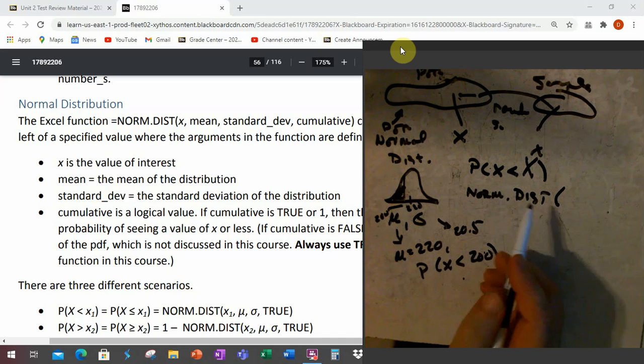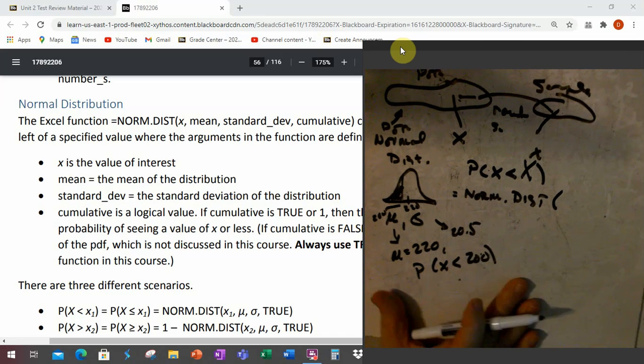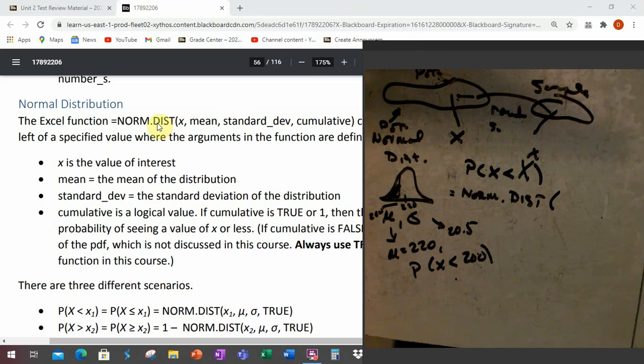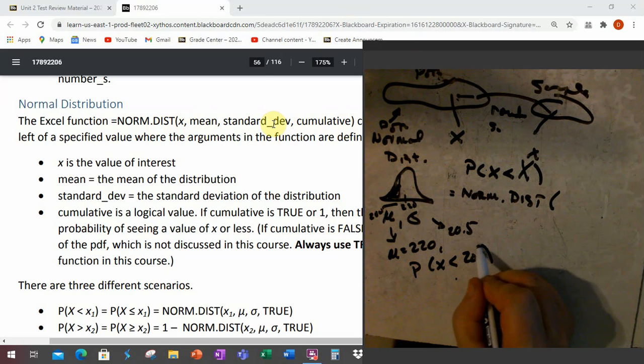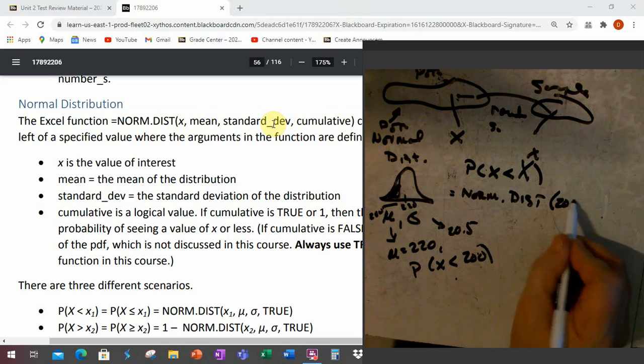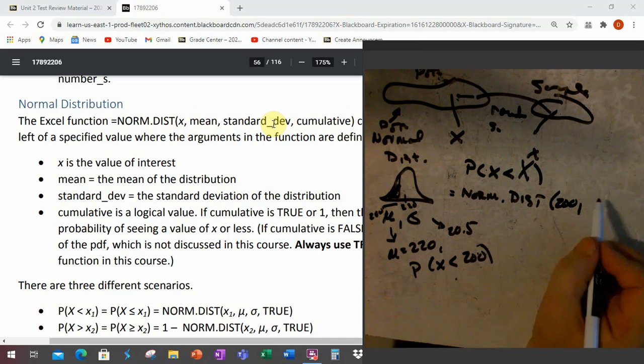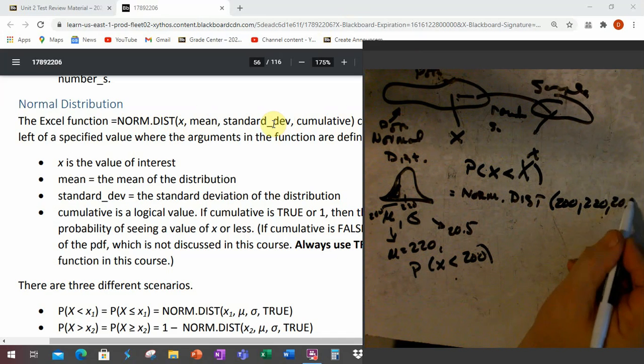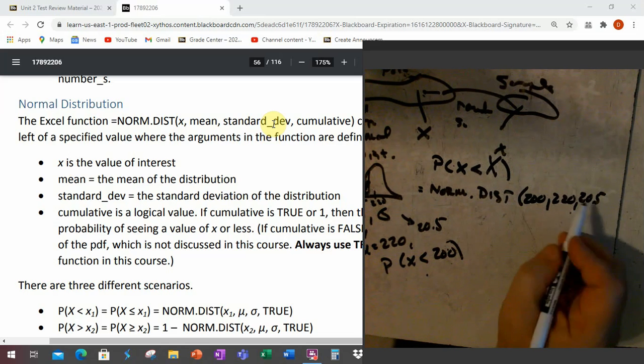That's the standard that this is going to go by. Okay, so then you go over here. It says X, the mean, the standard deviation, and cumulative. So for our version, this is what you would put here, 200. The mean, the 220. Standard deviation, 20.5.